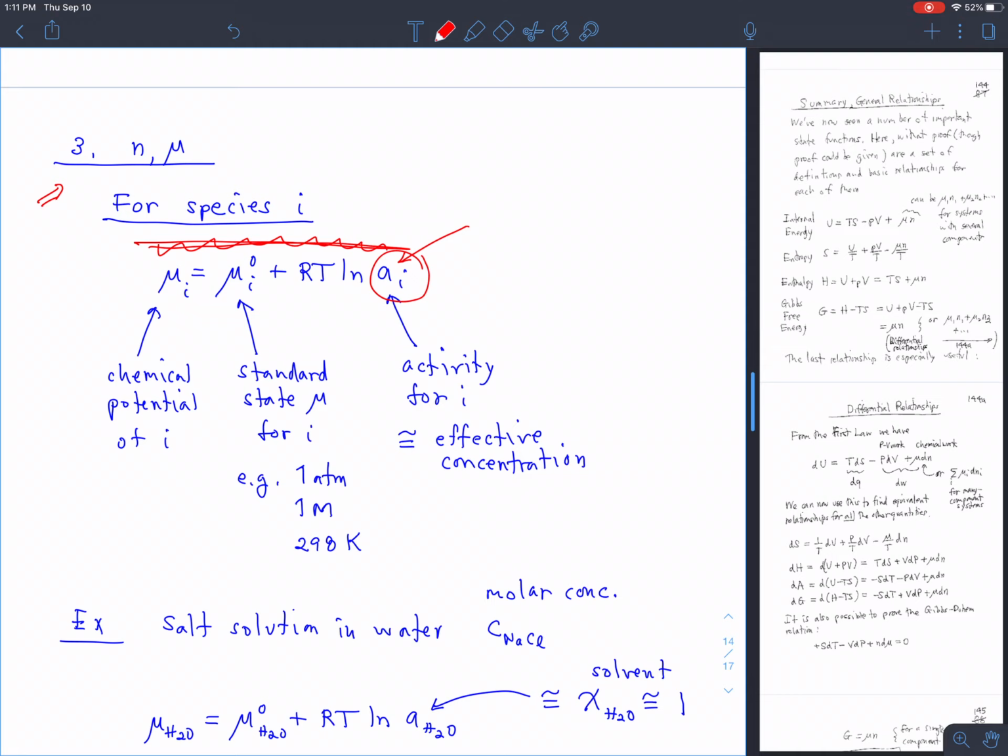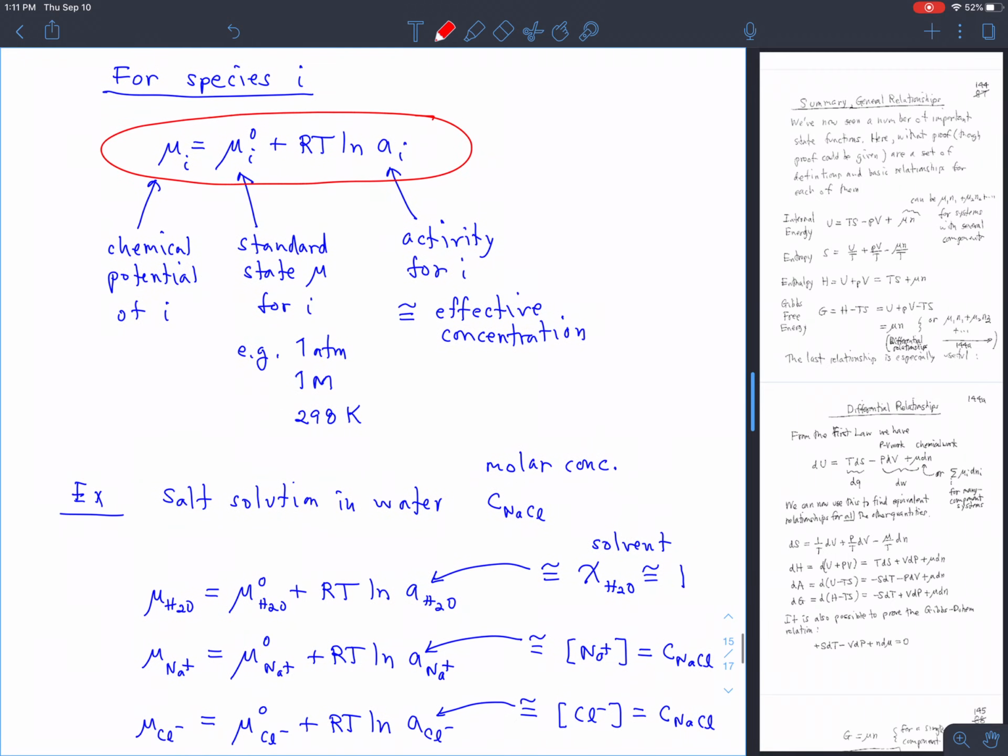And what that means from a practical point of view is that this expression is approximately valid for the right choice of activity for a very wide range of cases. There are very few cases where this expression really can't be used at all. There are a few such, but they are quite rare. All right, so that's our expression, and we will use it over and over again in the coming sections.